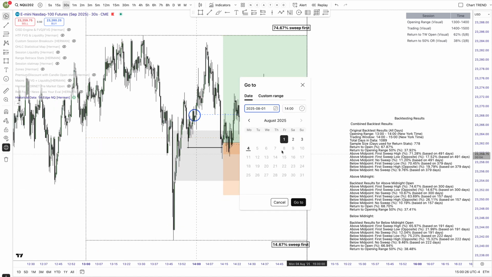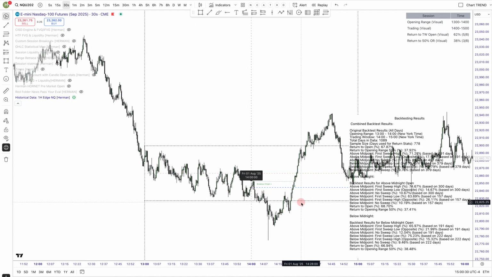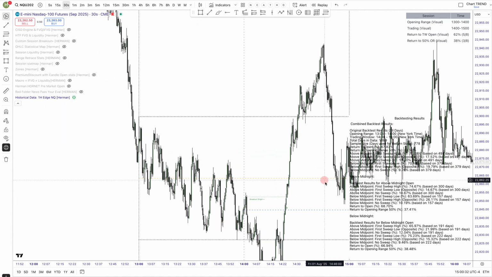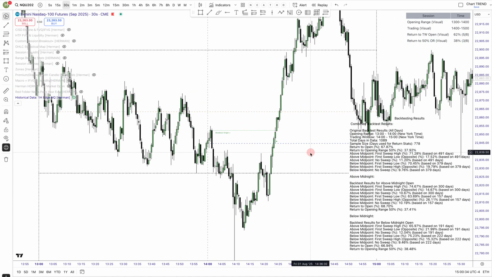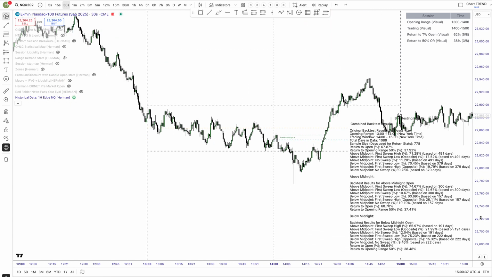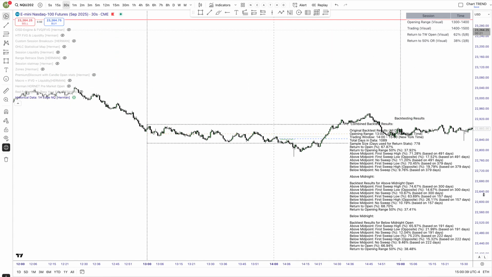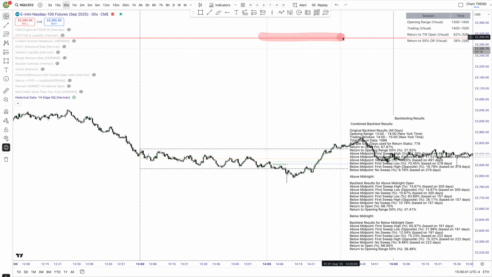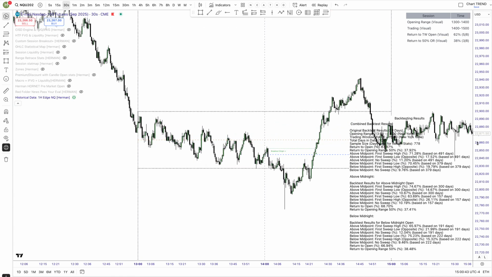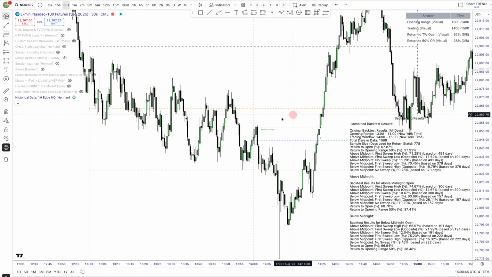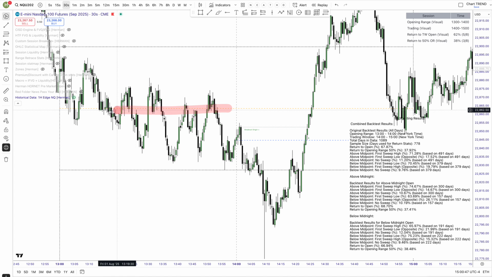Let's see what happened previous Friday at PM silver bullet. Previous Friday PM silver bullet, we opened, where's the midnight? The midnight is above us, and we opened in the bottom half below the midnight.